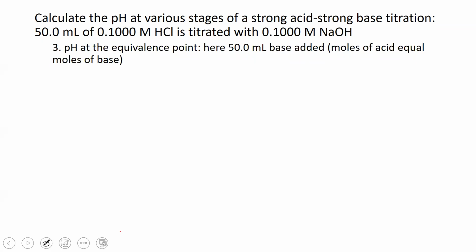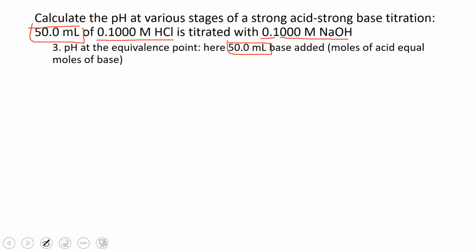Here, it's easy to identify the equivalence point because we have an initial concentration of hydrochloric acid that's the same as the initial concentration of sodium hydroxide. So when the volumes of acid and base are the same, you know that's the equivalence point for this monoprotic acid with the alkali metal hydroxide.